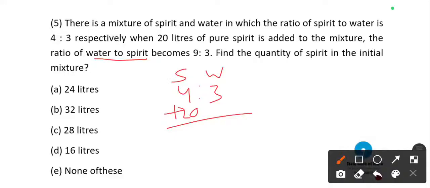So water is 9 parts and spirit is 3 parts. Sorry, I think there is some mistake in the question.